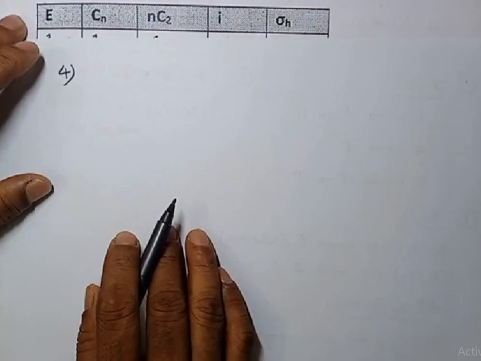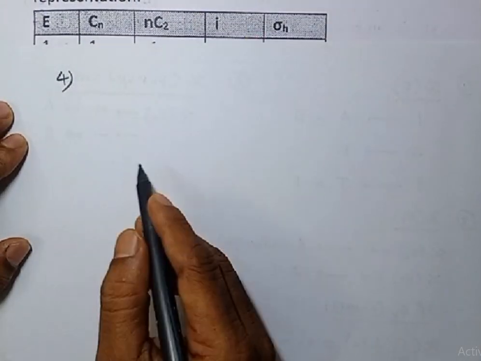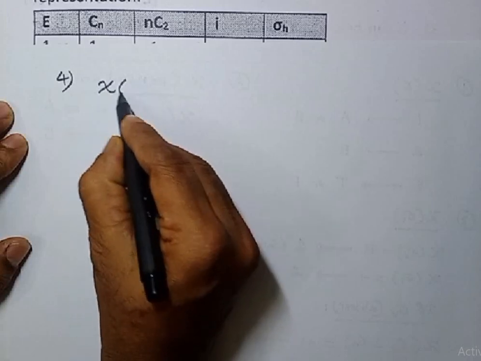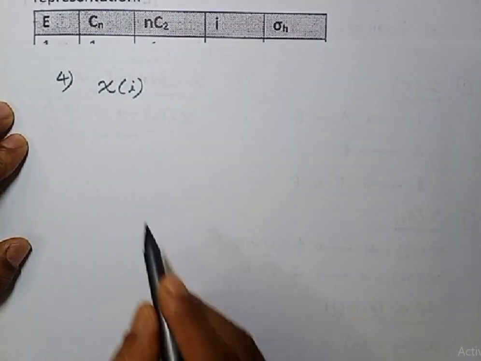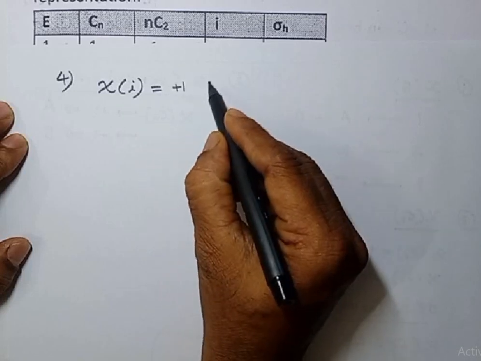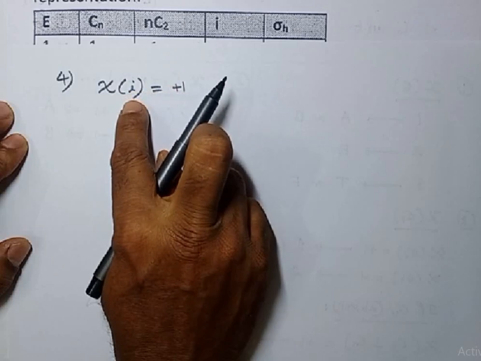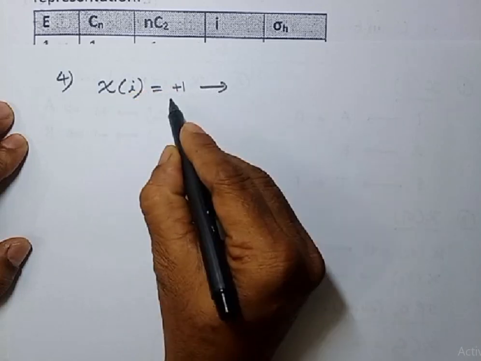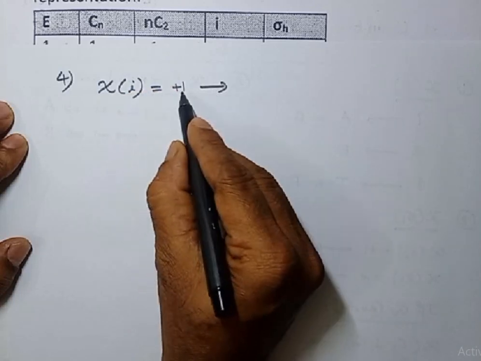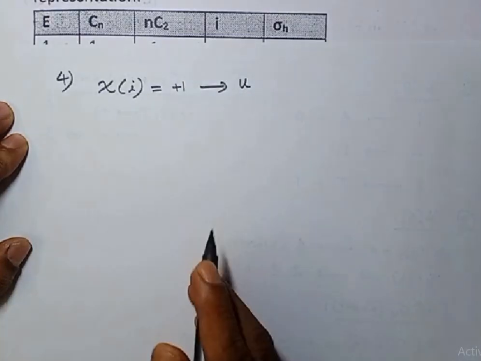Rule number 4. Listen. Suppose the molecule has inversion or a center of symmetry, then see the character of the inversion operation. If the character of the inversion operation is +1, we say that it is symmetric with respect to inversion. Then you give the symbol as ungerade in the subscript.